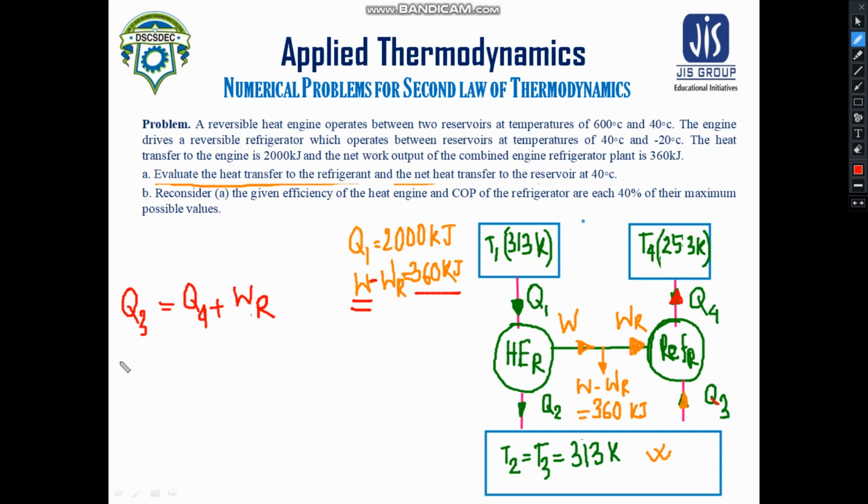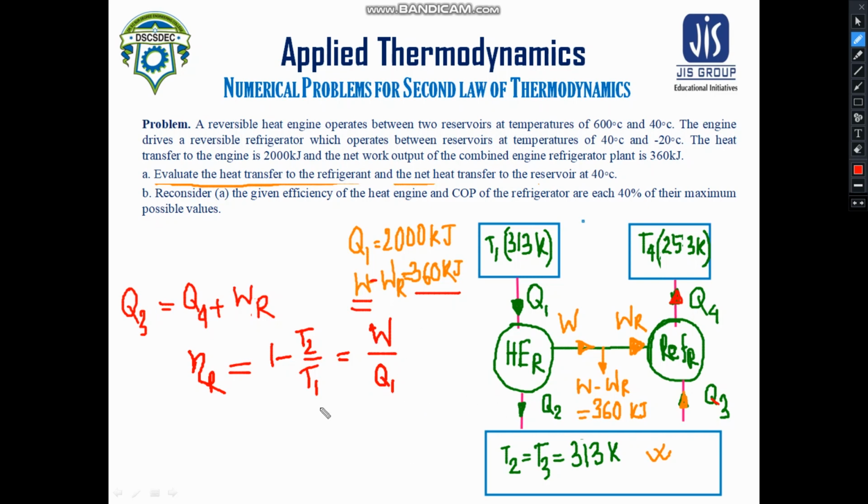Now for this heat engine, you know the efficiency. Remember, it is a reversible heat engine. So eta R can be written as 1 minus T2 divided by T1, which again can be written as the work output divided by Q1. Now see, you know this Q1.